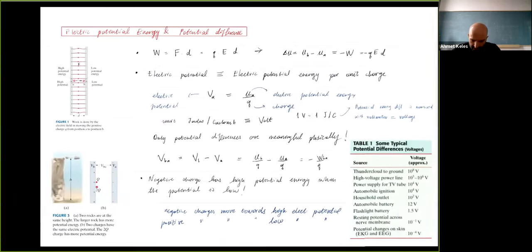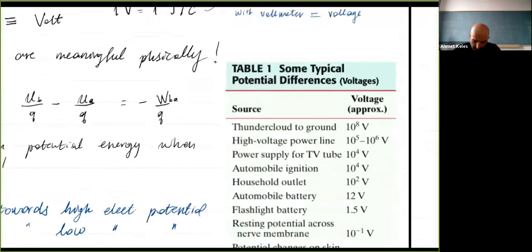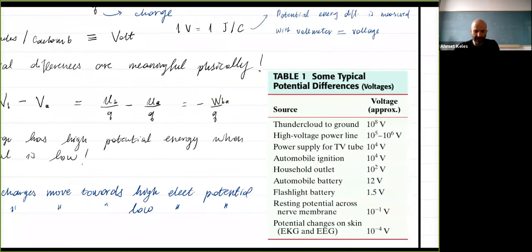So let's get a sense of these potentials by looking at some values. What are the potential differences of certain things we see around? If you look at a thundercloud, typically its value is 10 to the 8 volt.